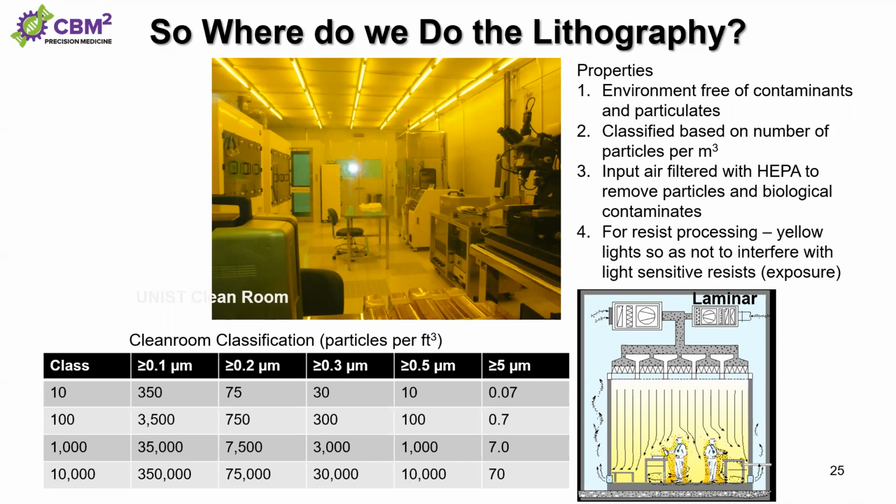The clean room class is determined by the size and number of contaminating dust particles existing in the room. For most photolithography you can work in a class 1000 clean room. But if you want to make patterns down to sub-100 nanometer or sub-10 nanometer, you have to go down to a class 100 or class 10 clean room.